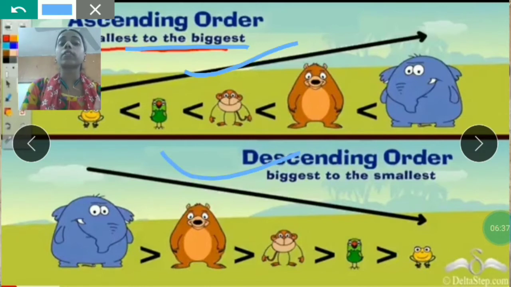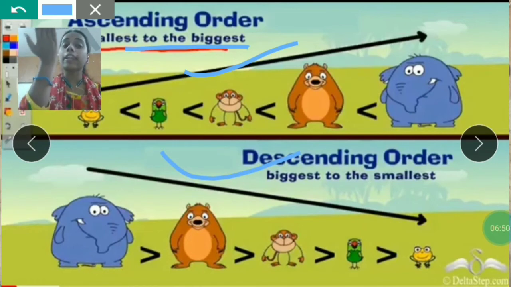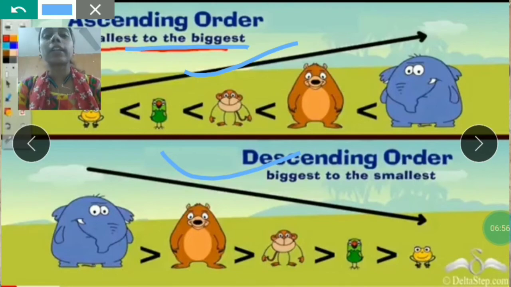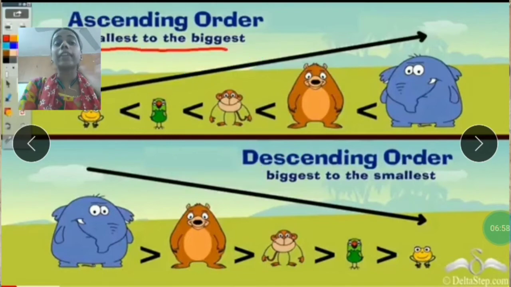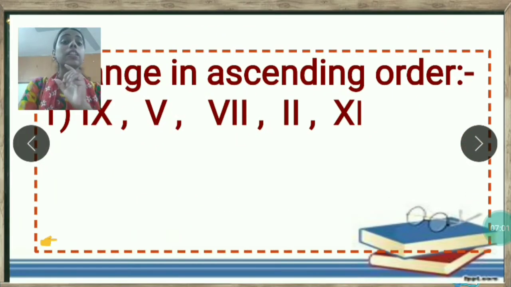If I am talking about descending order, what is it? It is decreasing order, which means we arrange the numbers from greatest to smallest. In ascending we write the numbers in increasing order, from smallest to greatest. Descending means decreasing order. Same way, student, in Roman numerals also we do this, but in Roman numerals first of all we have to see the value.